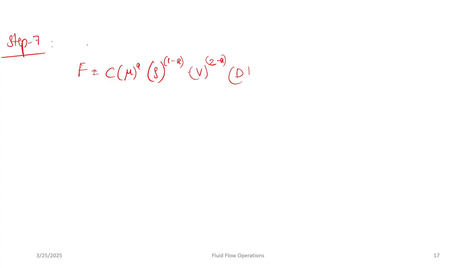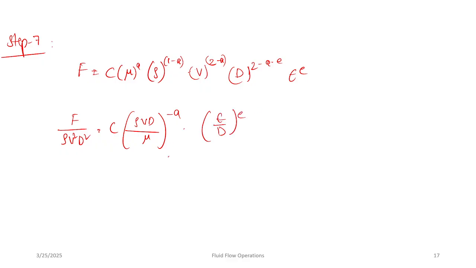I think some of the terms, okay, I'll just write it down again. Step 7, we have D power 2 minus A minus E and epsilon power E. And then if you just separate the variables, you'll be getting F by rho V square D square is equal to C into rho V D by mu power minus A into epsilon by D power E. So these are dimensionless groups.